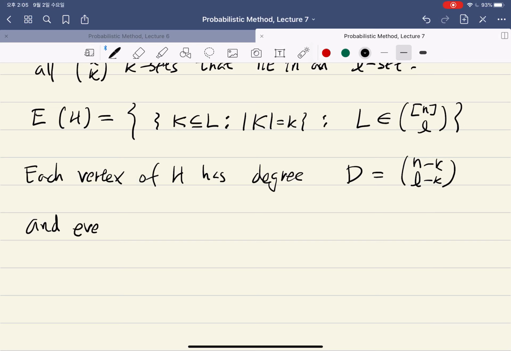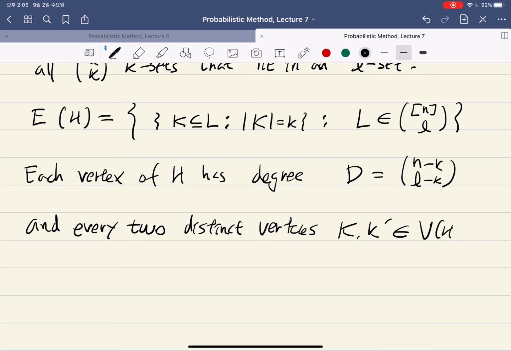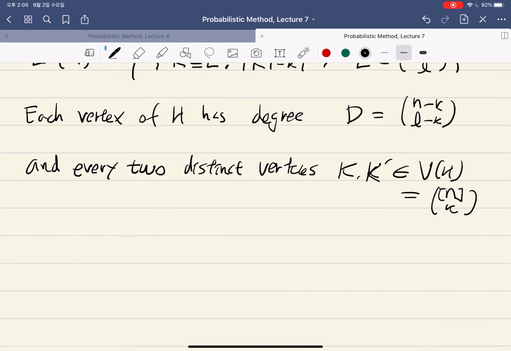And every two distinct vertices, say k and k prime of H, which is actually of size n choose k, has a co-degree.